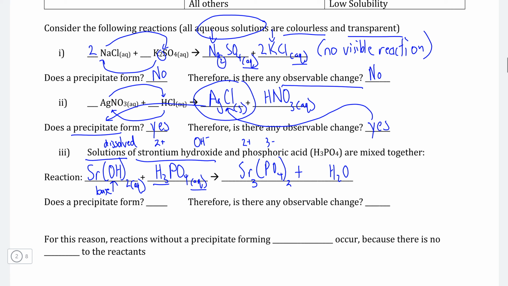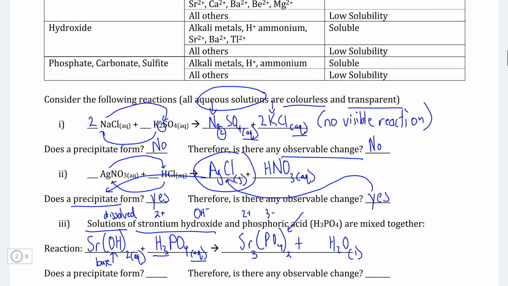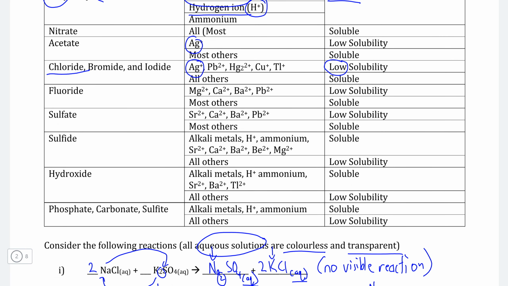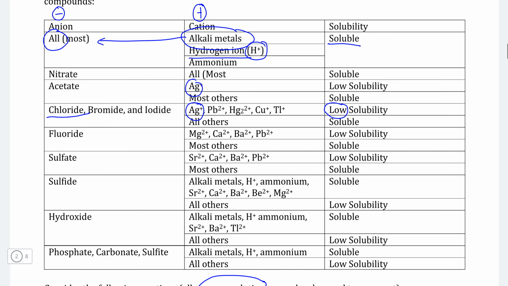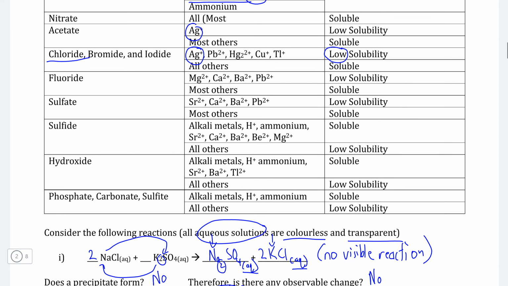So in this case, we only really have to figure out whether this compound is going to be able to dissolve or form a precipitate, because our other chemical is, of course, water here, which we know is going to be a liquid. So if we go up here, we can actually look at the anion, which is easier to start with.